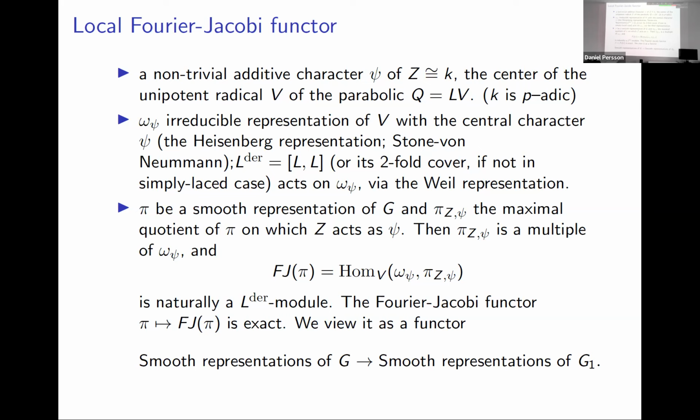Because G1 acts here, as I explained, by extension of the representation, and it's also easy to see that it acts here because G1 actually centralizes the center here. So the mapping of phi to this space is what we call the Fourier-Jacobi functor.